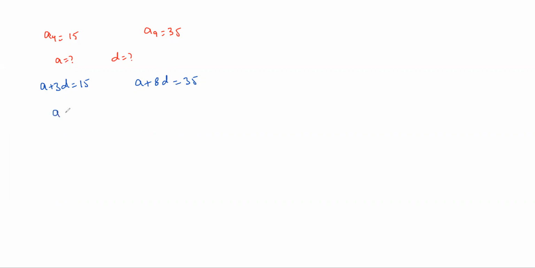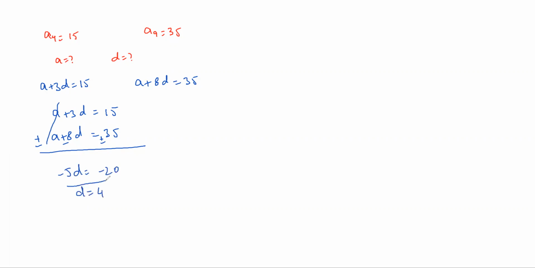Let's subtract these two equations. This is A plus 8D, that is 35. By subtracting them, the A's cancel. So this is minus 5D equal to minus 20, so your D is going to be 4.